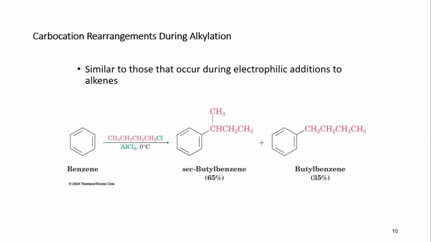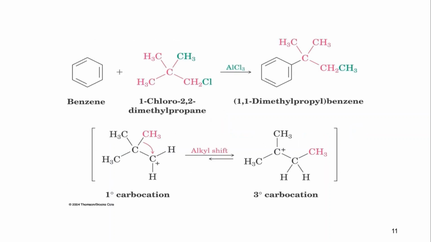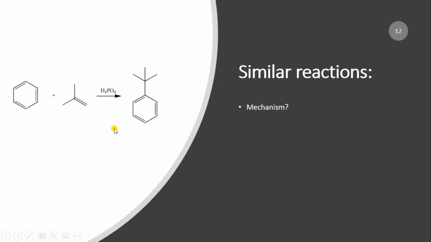What about this product? What about the mechanism for this product formation? You can see here that H3PO3 has been tried. H3PO3 is an acid, and first what this acid will do is the alkene will abstract a proton. This is now an asymmetric alkene. The proton can be abstracted at the terminal carbon or at the more substituted carbon.